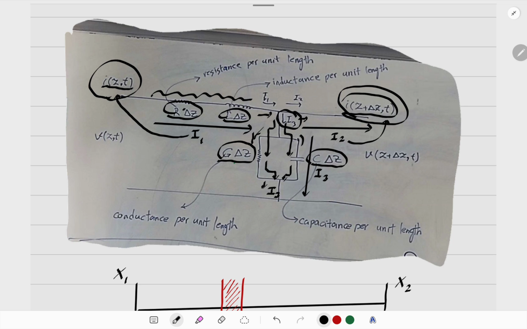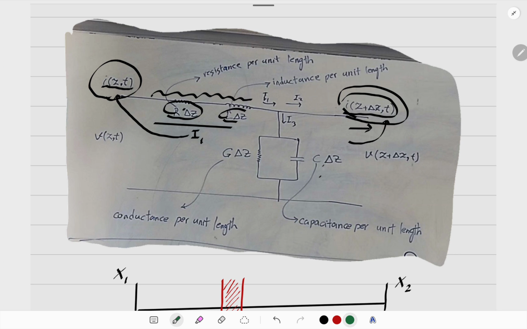We don't know the particular currents over here. Let me clean up this one. We don't know the amount of current we see here or here. Let's call it IY and let's call it IX. We don't know what IX and IY are, but we are sure that IX plus IY is I3.